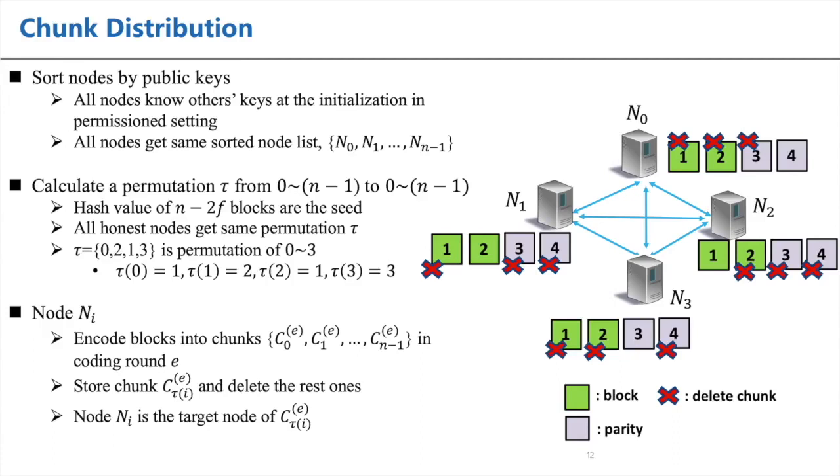In a coding round, each node calculates a permutation tau of 0 to n-1 based on the hash value of the n-2f blocks. Since blocks are agreed by most nodes, honest nodes will obtain the same permutation. Then node Ni stores the chunk C_tau(i) and deletes others. At this time, we say node Ni is the target node of chunk C_tau(i).